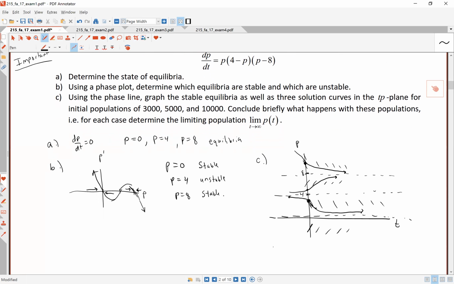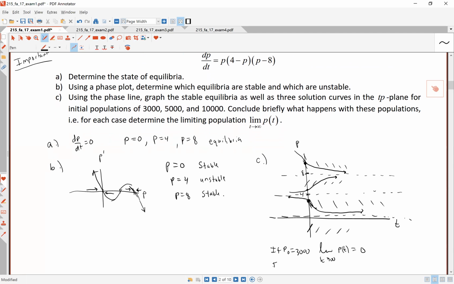So we say that if P naught is 3,000, the limit as t approaches infinity of P of t goes to 0.